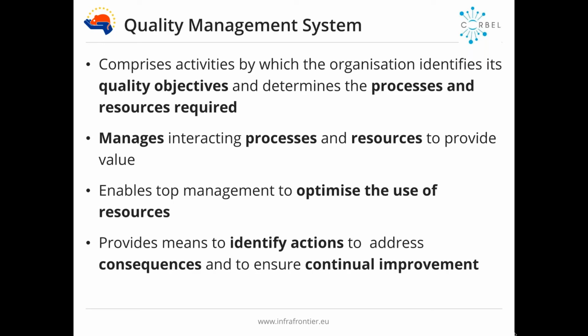So it's a management instrument that enables the top management of the organization to optimize the use of resources. So generally, it is seen that quality management is a task of the top level management. The implementation may be done on other levels, but quality management really is a task of the top level management.